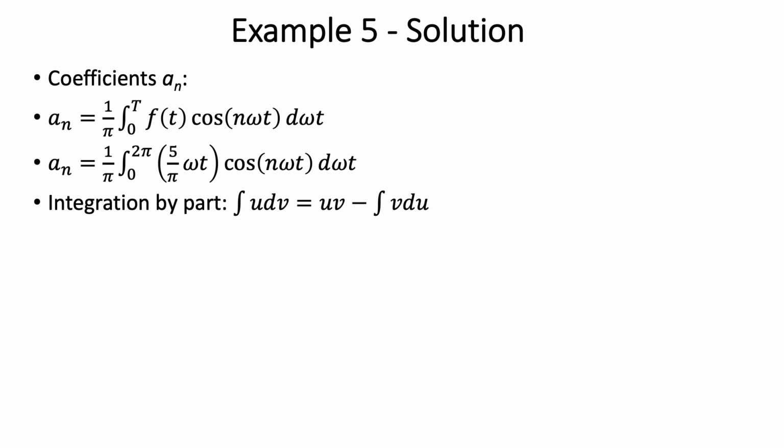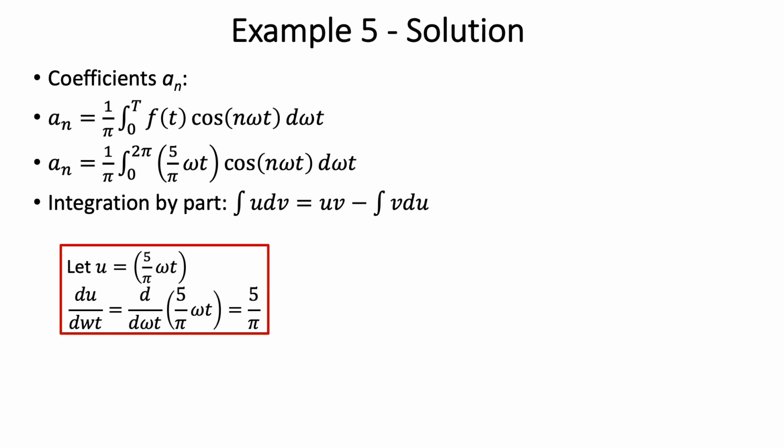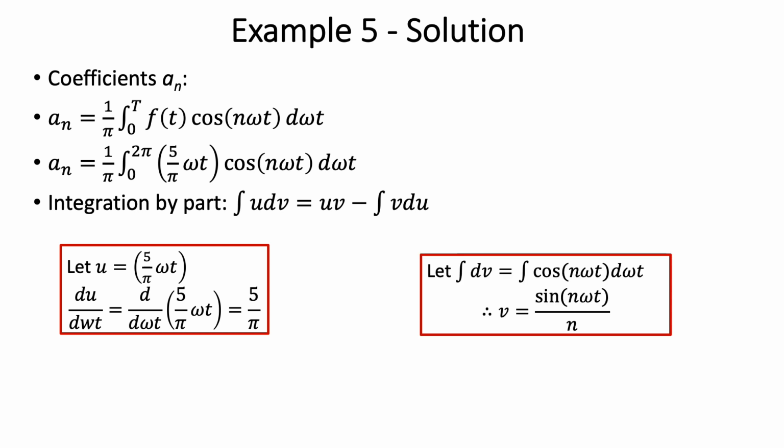We have to do integration by parts where integral u dv equals uv minus integral v du. In this example, let u equal 5 over π ωt. Therefore, du over dωt equals 5 over π. Integral dv equals integral cos nωt dωt. Therefore, we have v equals sin nωt over n.